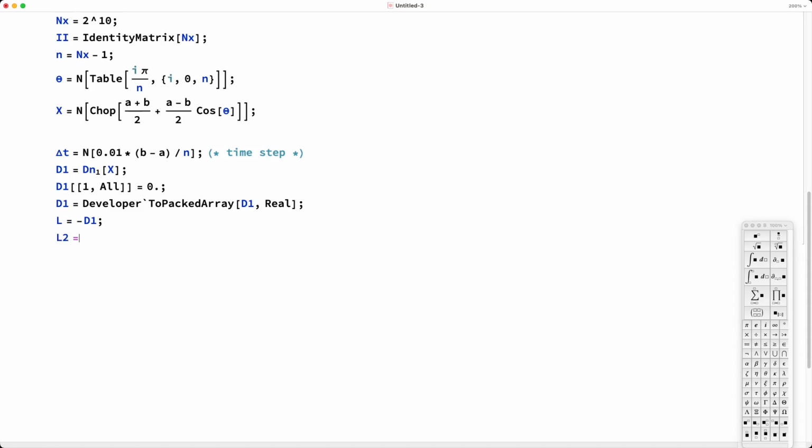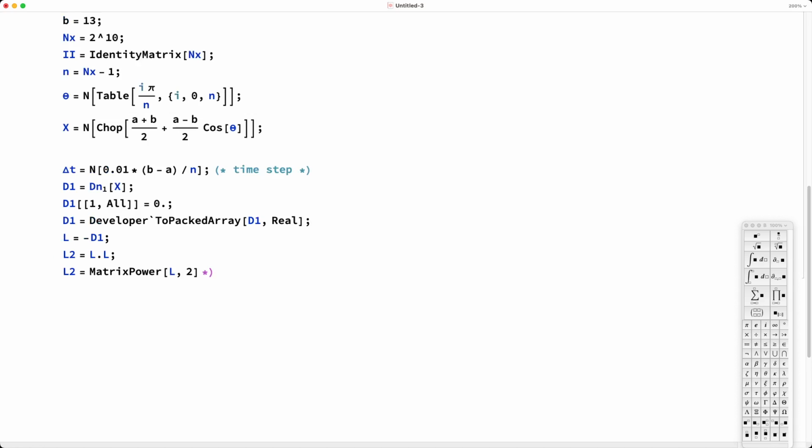So let's define L2 to be L dot L. We could also use matrix power. So we could use L2 equals MatrixPower, and then we could say L comma 2, and we would get the same result.